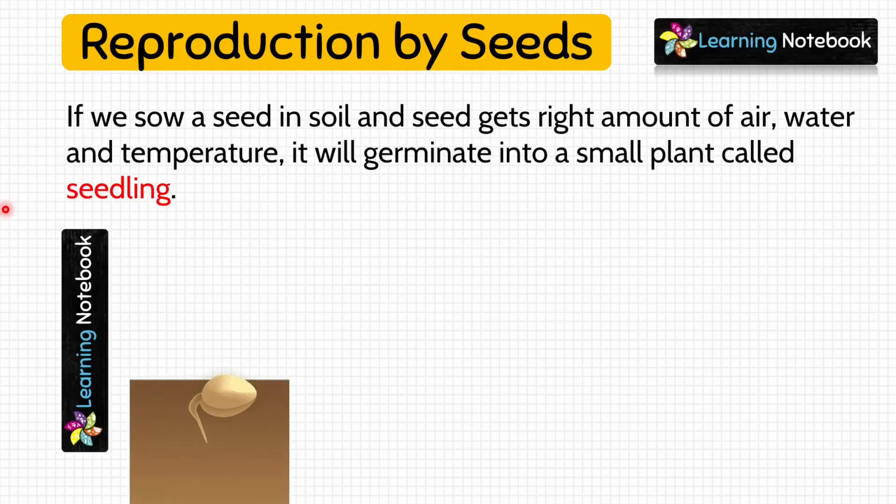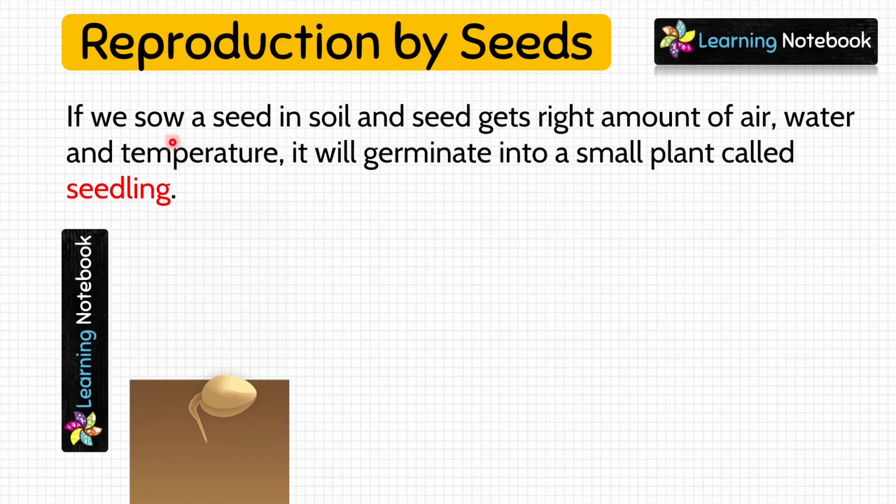If we sow a seed in soil and the seed gets right amount of air, water and temperature, it will germinate into a small plant called seedling. Like in this picture, look here.